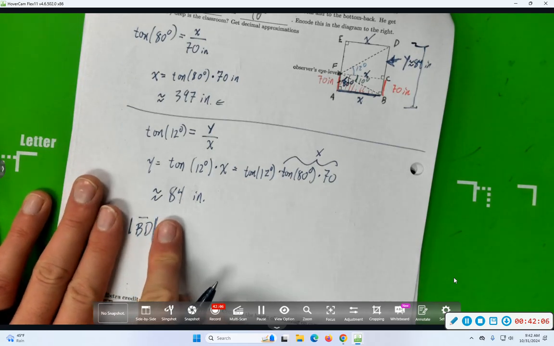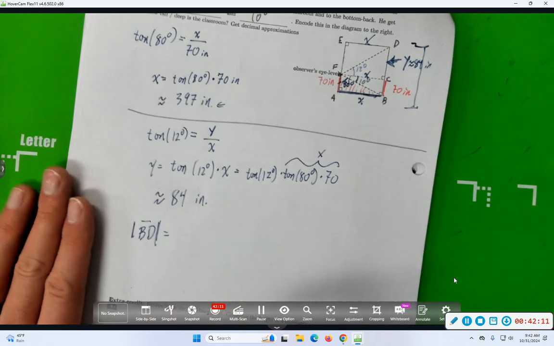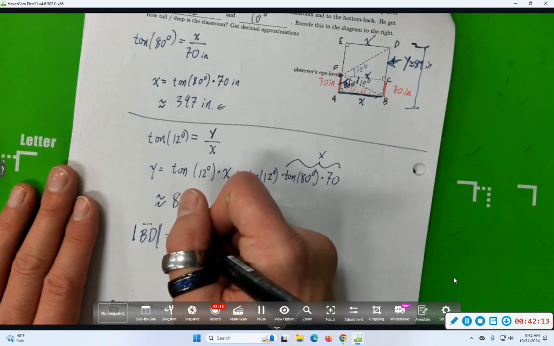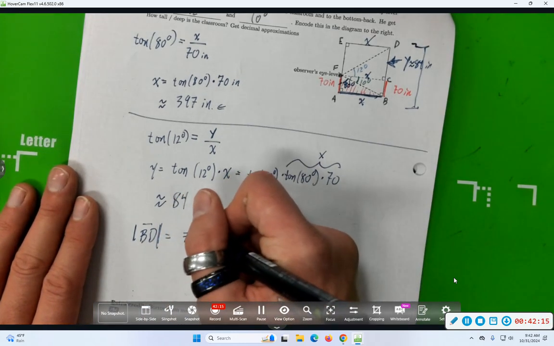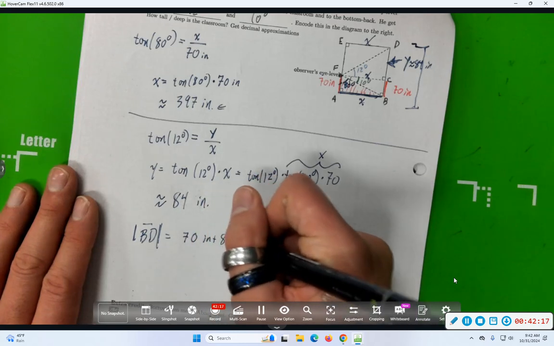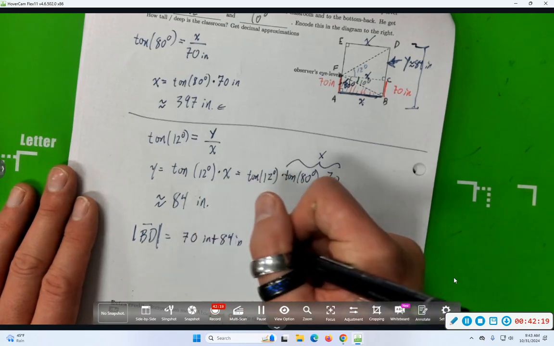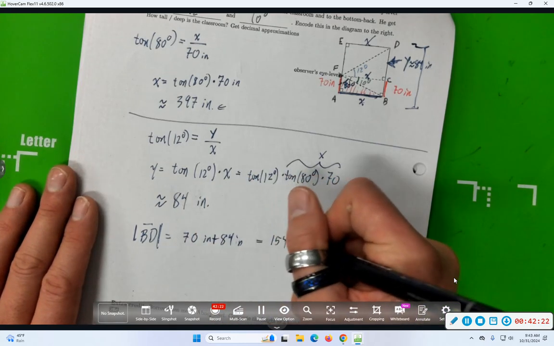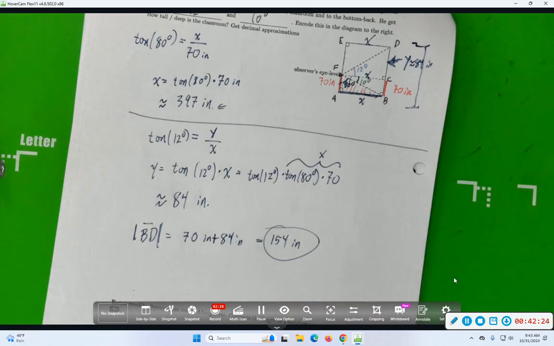Put some absolute value bars around because that measures the size of something. Is equal to my height, 70 inches, plus 84 inches, which is 154 inches. All right. That feel pretty good?